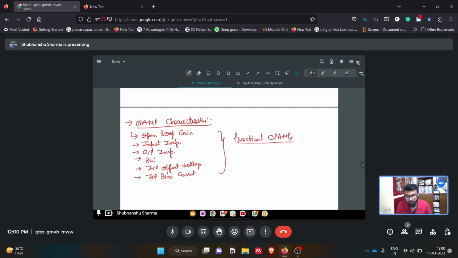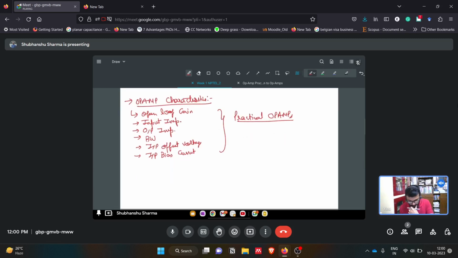In real life, the op amp deviates from its idealistic behavior, and it shows some practical problems, which we'll be looking into through these op amp characteristics. We saw that open loop gain is not ideally infinite.